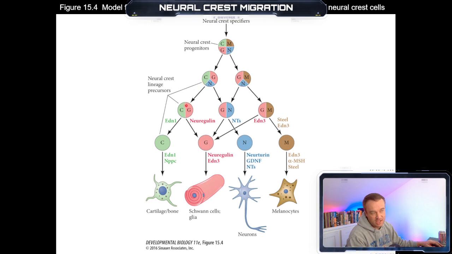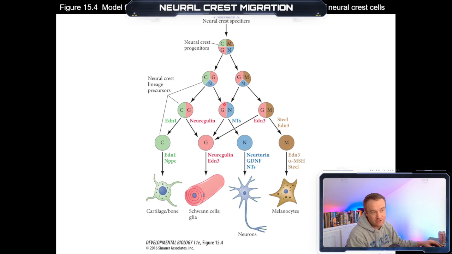They'll differentiate into these neural crest lineage precursor cells here. And then if this cell expresses EDN1, it will become cartilage and bone. If it expresses neuregulin, it will become a Schwann cell or a glial cell.